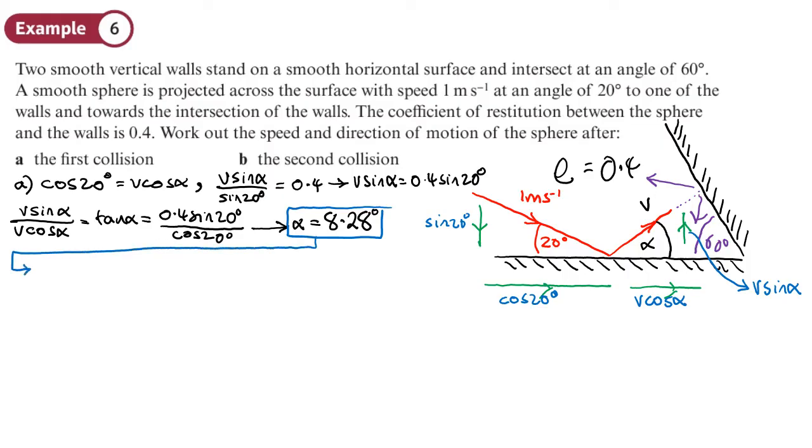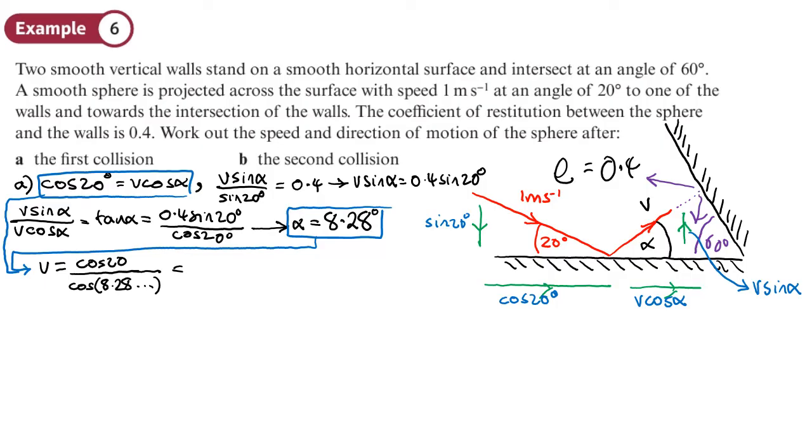So let's substitute it into this one here. Rearranging it and putting that in, we will get V equals cos 20 divided by cos 8.28. I'll use the answer button.